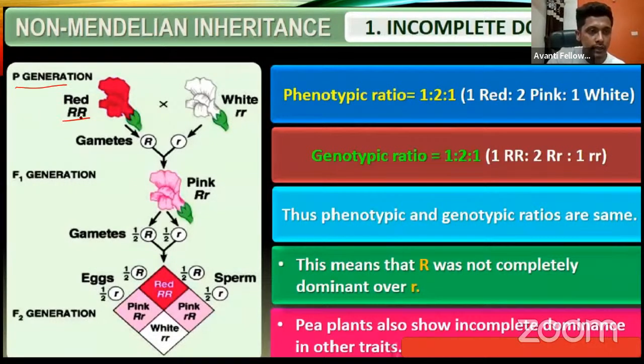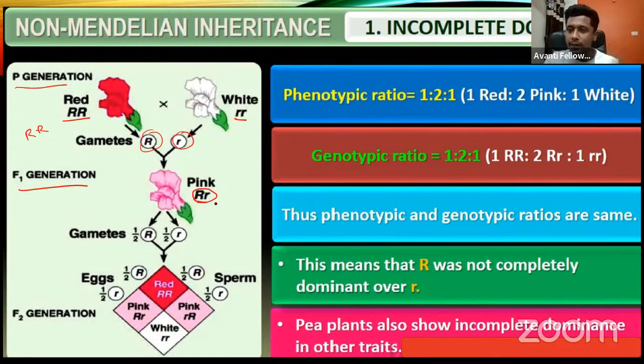That is why we call these alleles capital R and capital R. And we have a white flower, which is small r and small r, which is recessive. When the red is crossed with white, we have one R from here and one small r from here, and we cross them. In the F1 generation, we get a capital R and small r.